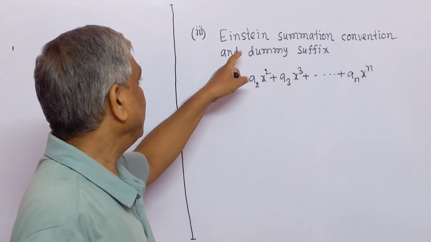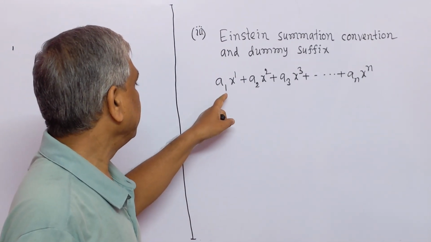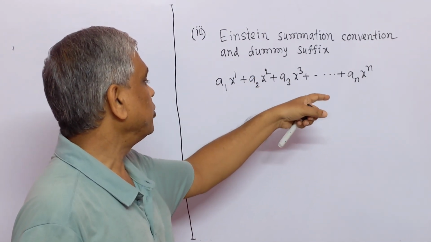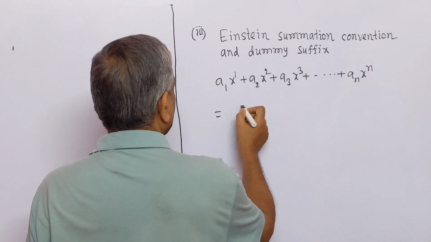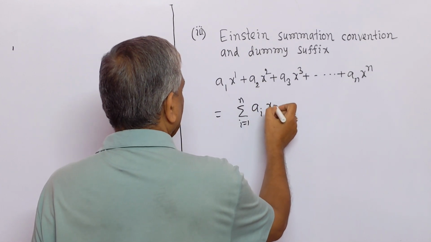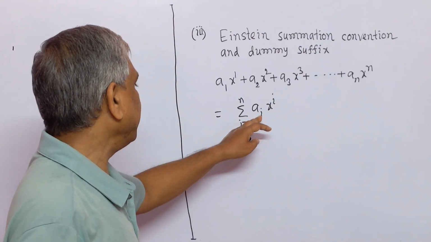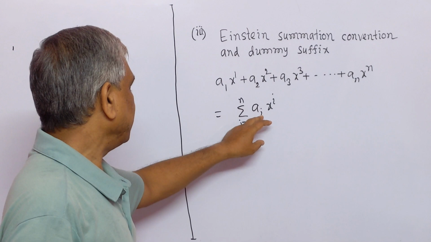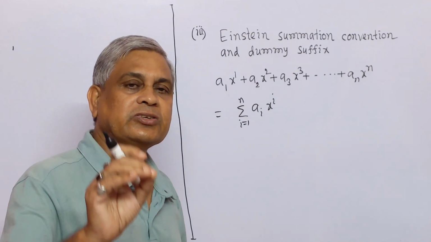Next concept is the Einstein summation convention and dummy suffix. We have an expression a1 x1 plus a2 x2 plus a3 x3 plus up to an xn. We may write this as sigma i equals 1 to n of ai xi. But Einstein says that if a suffix i appears twice in a term, that is, once as a subscript and once as a superscript, then it denotes summation.